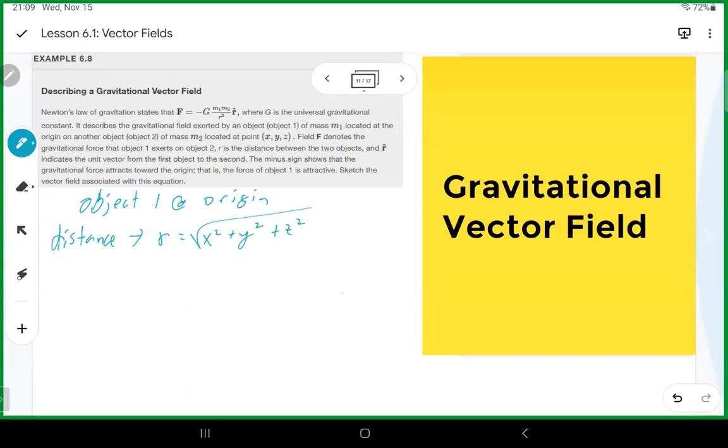The unit vector from object 1 to object 2, r hat, would be <x, y, z> over the magnitude.